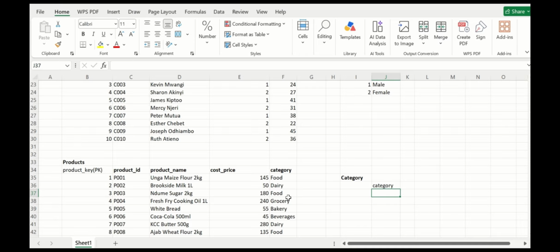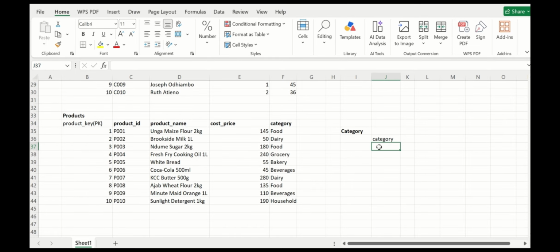How many categories do we have? We have food, and then we have dairy, and then we have grocery, and then we have bakery, and then we have beverages, and then we have household.